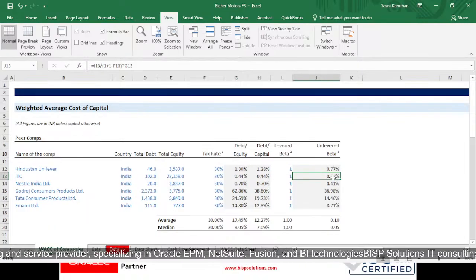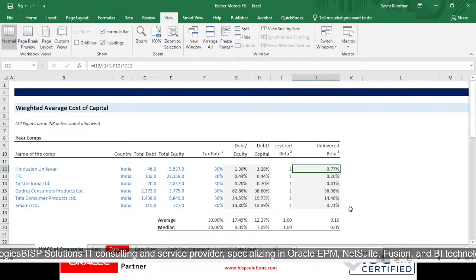Then I will get 0.77 as my unlevered beta, and the same formula will be dragged till Emami Limited, as we have calculated our debt upon equity and debt upon capital. Levered beta was also there with us, so unlevered beta we have to calculate, and once one calculation is done, you can drag it till the end of the companies you have taken.